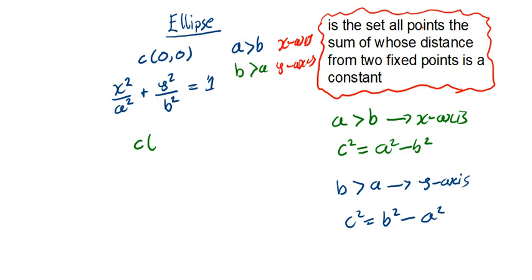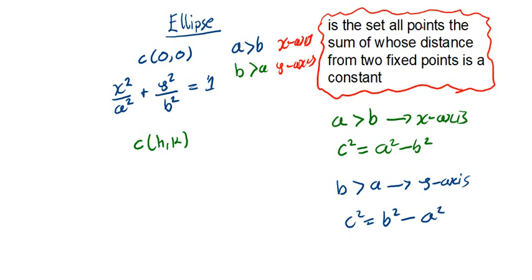So let me give you other properties of the ellipse. Let's say the center is at h comma k, meaning at any other point but the origin. Let's say, for example, it's at 1 comma 2 or maybe 0 comma 5, anywhere but 0 comma 0.